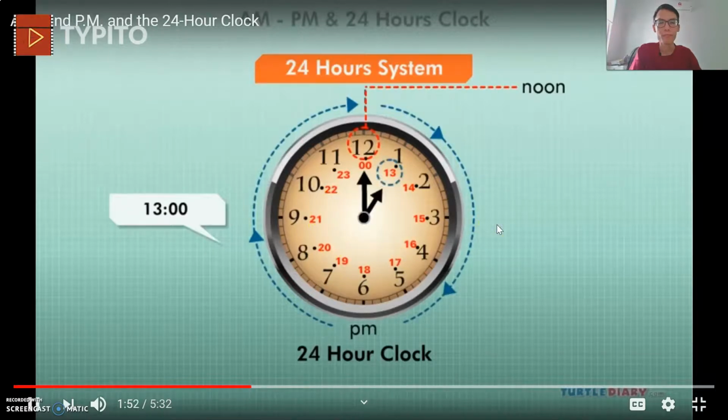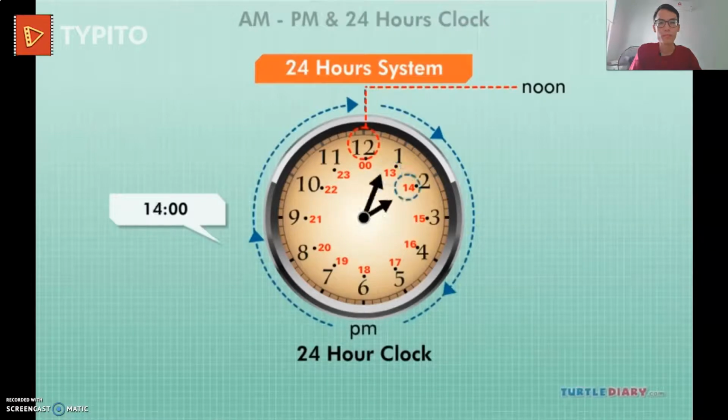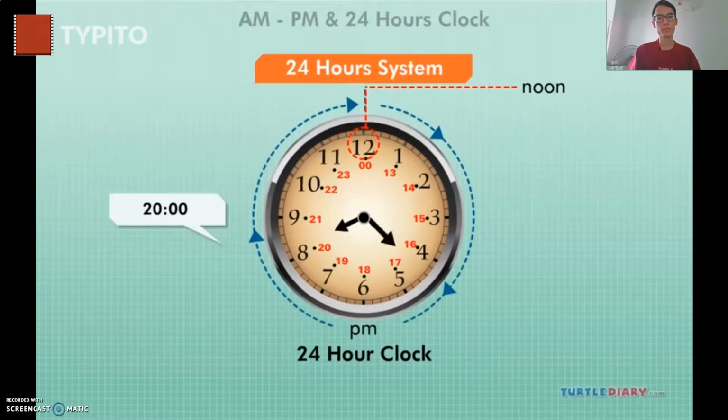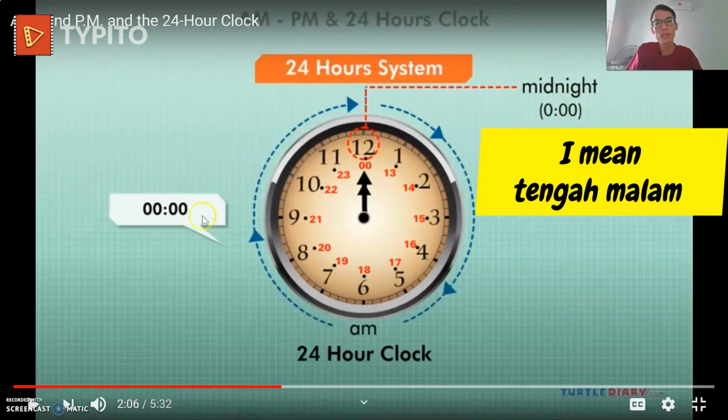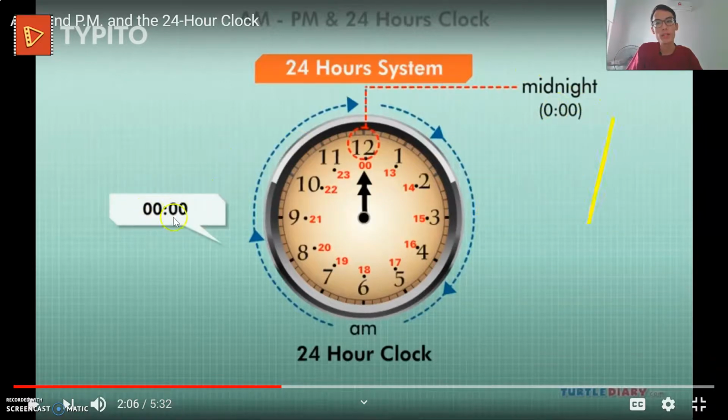Is 1300, then 1400, etc. Time goes all the way up until 2400 midnight, which can also be called 0000. Okay, untuk sistem 24 jam, bila waktu dia 12 midnight, masa ditulis sebagai sifar, sifar, sifar, sifar. Okay, 4 zeros.